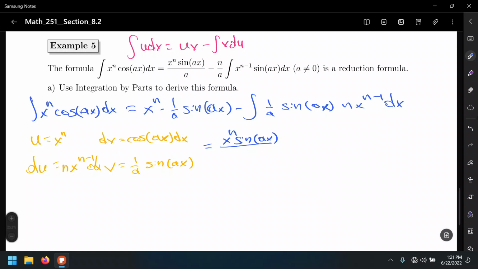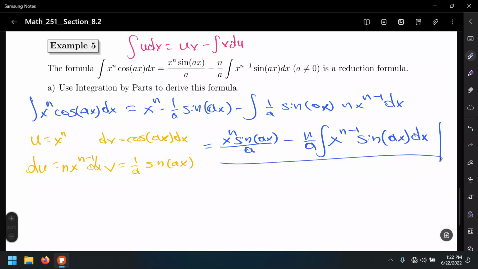Minus, I'm going to take out of the integral all these constants, this n and this a. And n over a, integral of x to the n minus 1 sine ax dx. And isn't that the formula that we were given? Alright, so we used integration by parts to derive this formula.